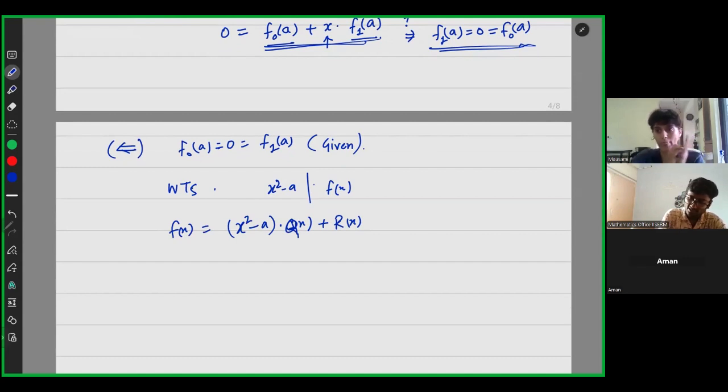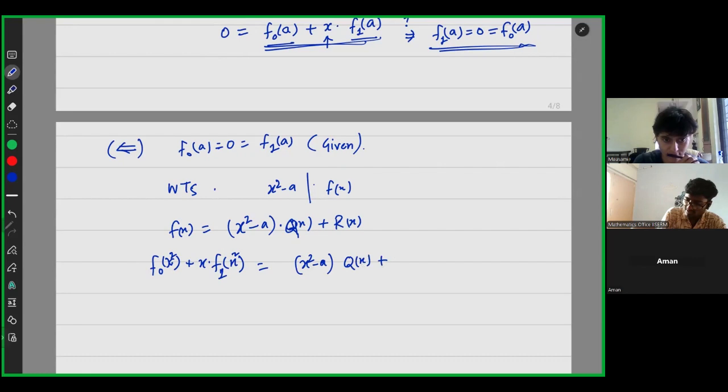But again, f can be replaced by f0 of x square plus x into f1 of x square, which is equal to x square minus a into q(x) plus r(x). Here degree of r(x) is less than degree of x square minus a.